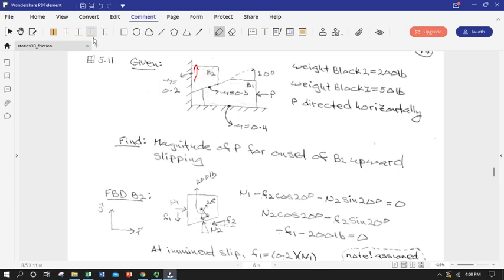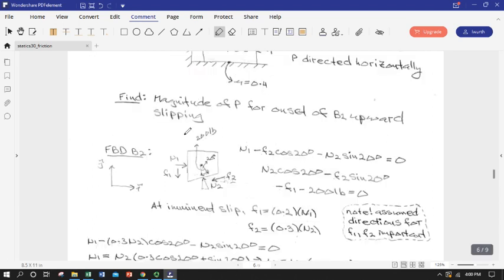That is not necessarily going to be the same answer as for imminent slip of block B1. So the imminent slip is going to be defined in terms of upward motion of B2.